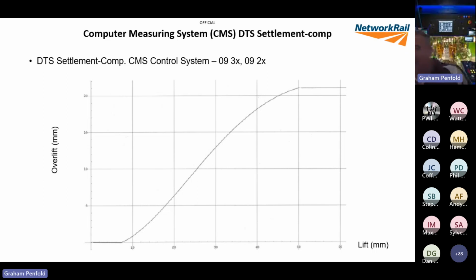If you put a 30 mil lift on, for instance, you're probably looking at 13 mil of overlift, and it will put overlift on to a maximum of 22 mil. It's quite a basic system, one of the first. Some of those machines are now coming up to over 20 years old, so it's not the newest system, but it's certainly better than using nothing when using DTS.